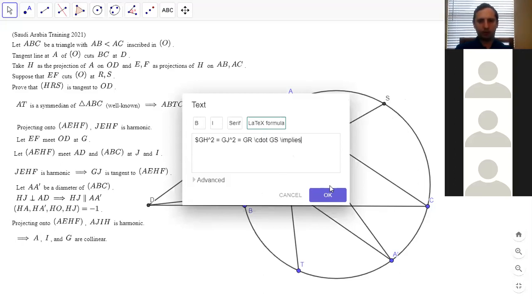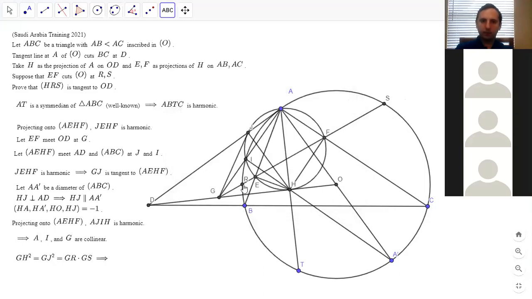So that means that GRH is similar to GHS.